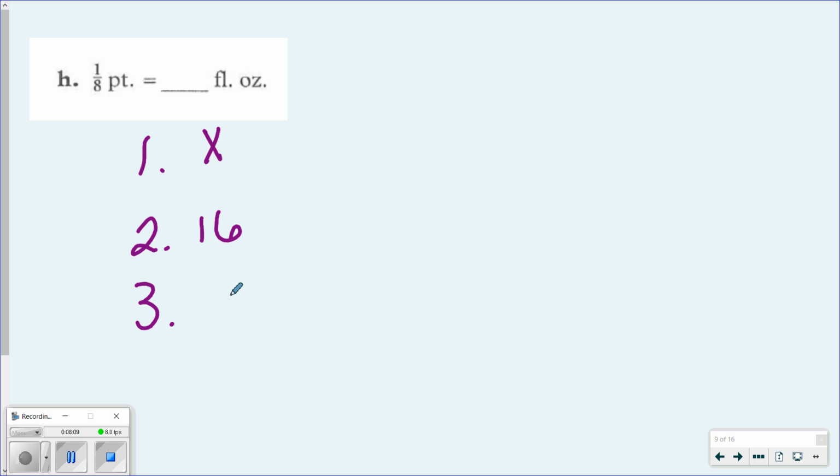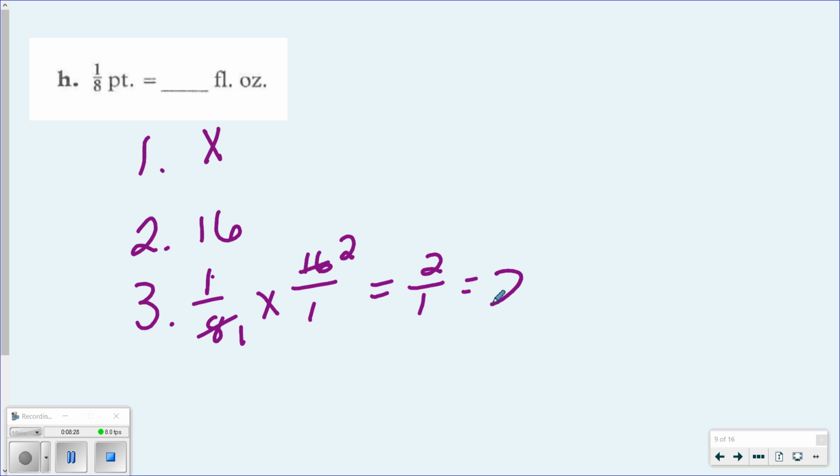Okay, so we're going to say 1/8 times 16 over 1. And 8 and 16 can cross cancel, so 8 divided by 8 is 1. 16 divided by 8 is 2. So we end up with 2 over 1, which just equals 2.